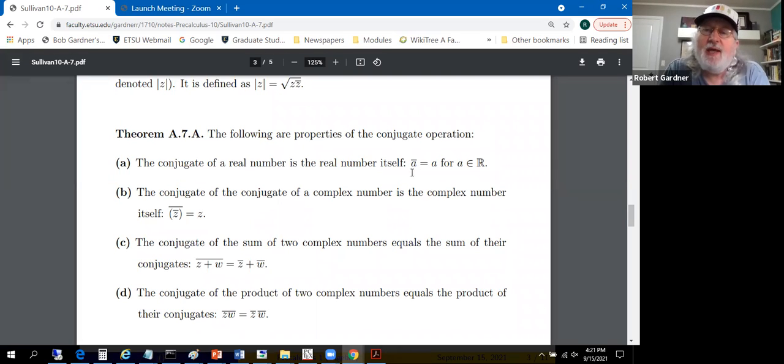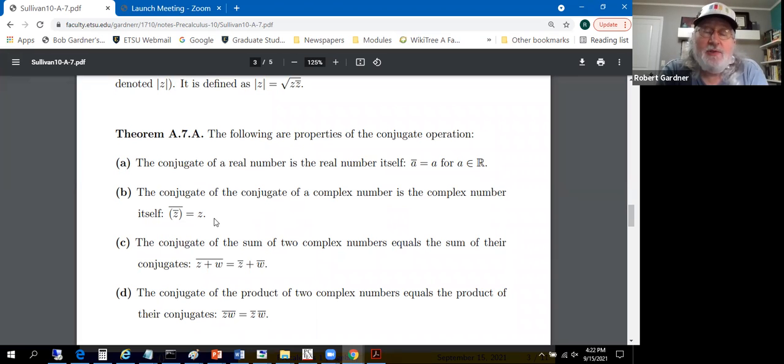So if we conjugate a real number, you simply get the real number out. That's why you didn't talk about conjugation until we got to the complex setting. The conjugate of the conjugate of a complex number is the complex number itself. That is, if we conjugate z in the parentheses and then conjugate that, we'll get the complex number z back.